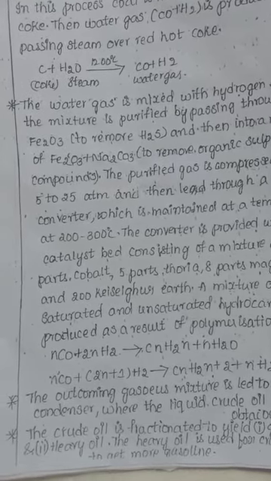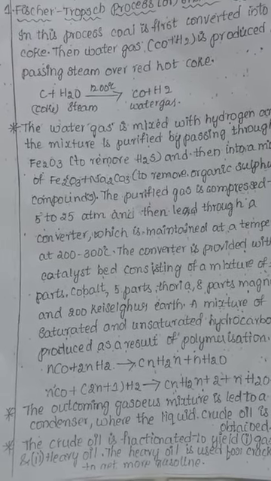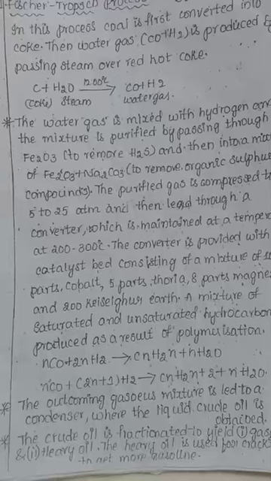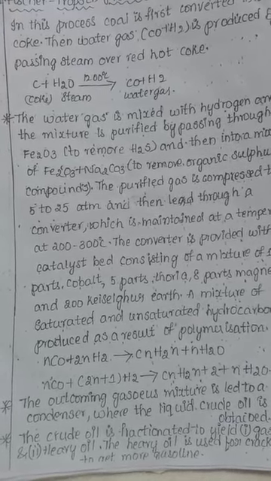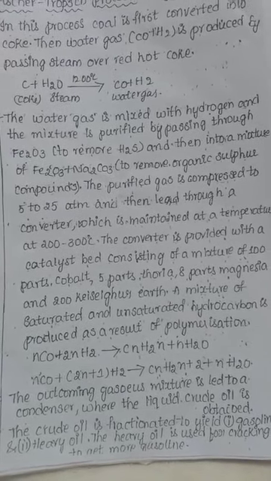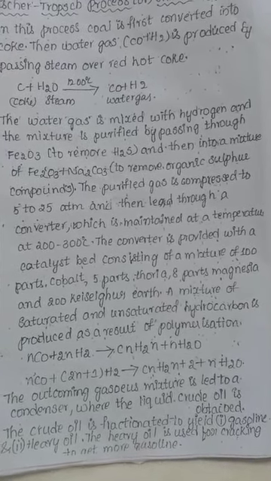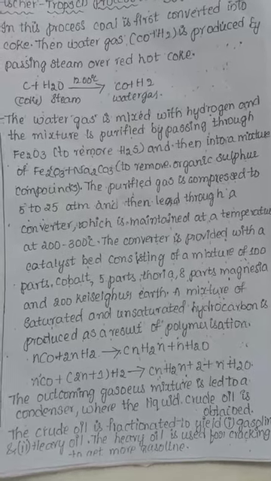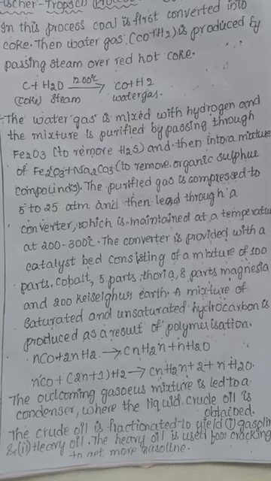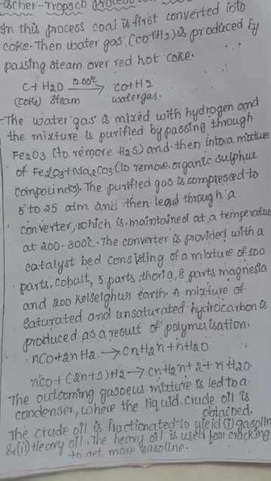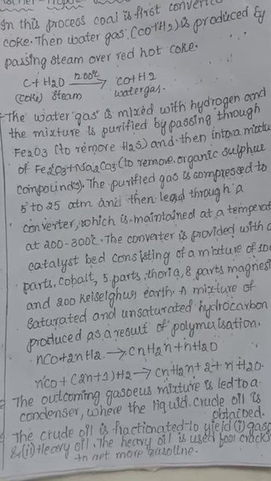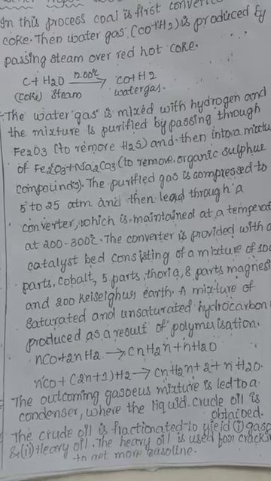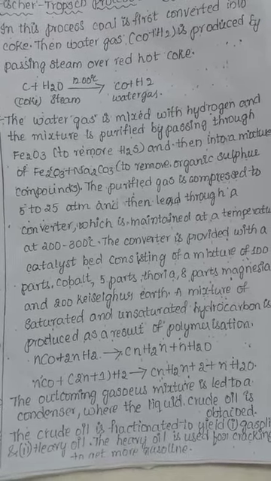The liquid crude oil is fractionated to get more yield of gasoline, and the heavy oil is made use of through the cracking technique, and it gives more gasoline compounds.